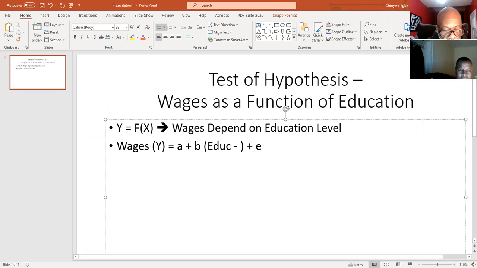Okay, that's what we call it. Y is a function of x. All right, so what formula do we use? I'm going to put together the formula here. We had done this in the past.